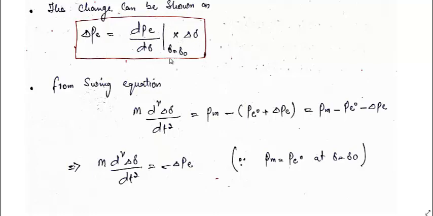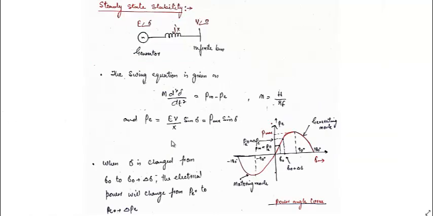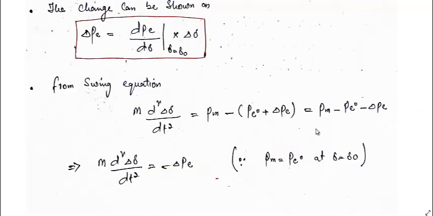This is the mathematical term through which we can relate ΔPe and Δδ. So from the swing equation, since Pe has changed, I have to replace Pe by Pe naught plus ΔPe.